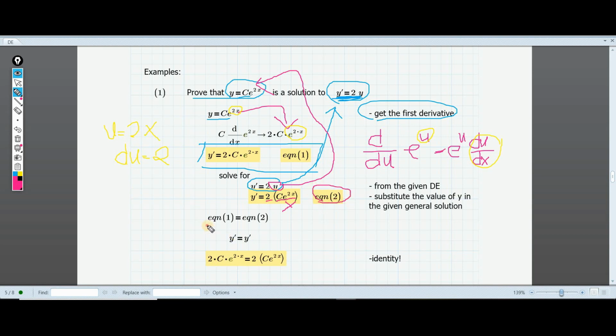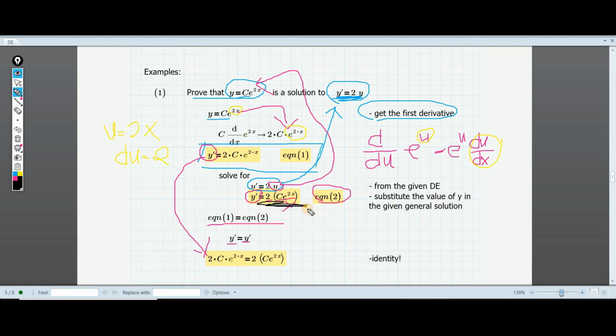Now, if we equate equation 1 to equation 2, we will have the y prime here and then the y prime here. So, ito yon. Y prime is equal to y prime. Check natin. Y prime is equal to 2c e to the 2x. And then, ito naman.